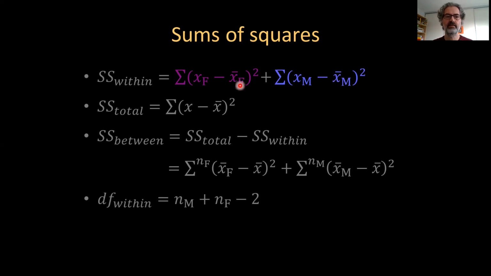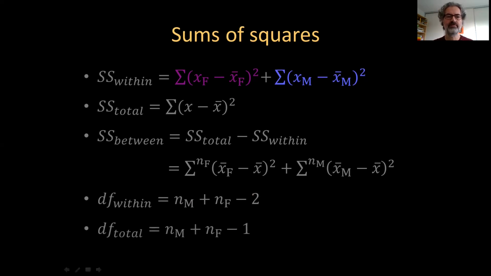So each mean removes a degree of freedom because it imposes a constraint through the sum. So if there are two means, we have to subtract 2 from the total number of data points. If we had more groups, then we would have to subtract more here. As many groups as we have, we subtract 1 degree of freedom from the number of data points for each mean calculated, that is, for each group.